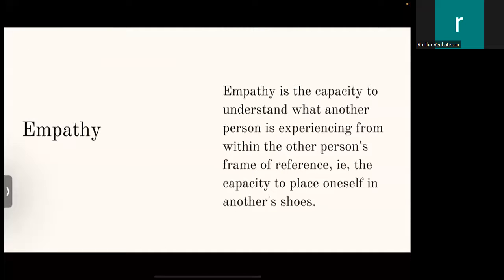Next comes empathy. Empathy is the capacity to understand what another person is experiencing from within the other person's frame of reference. That is commonly said as the capacity to place oneself in another person's shoes. That is to explain to them that I do understand your situation.